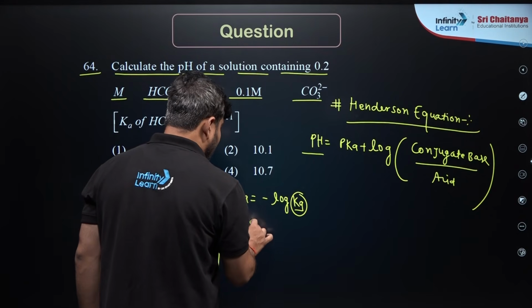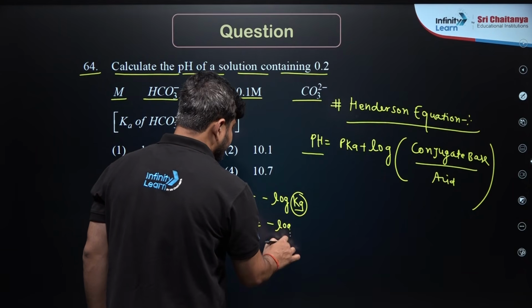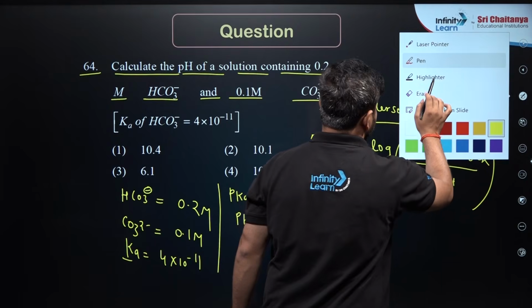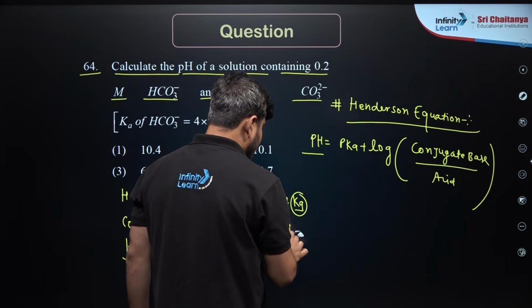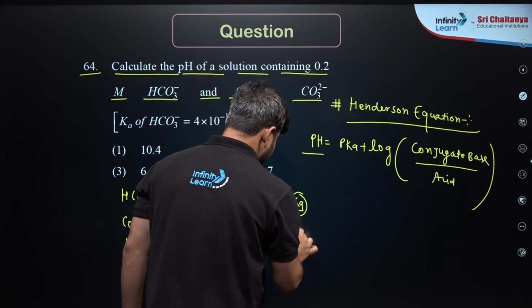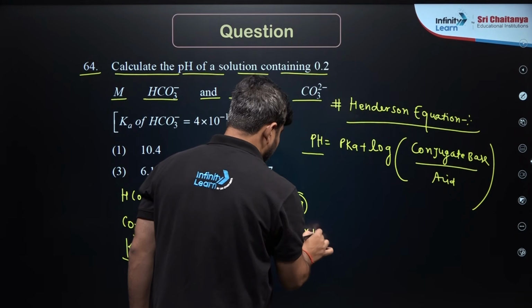So pKa equals minus log of 4 into 10 to the power minus 11.